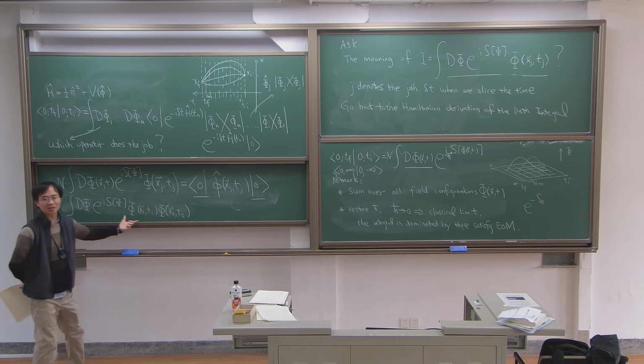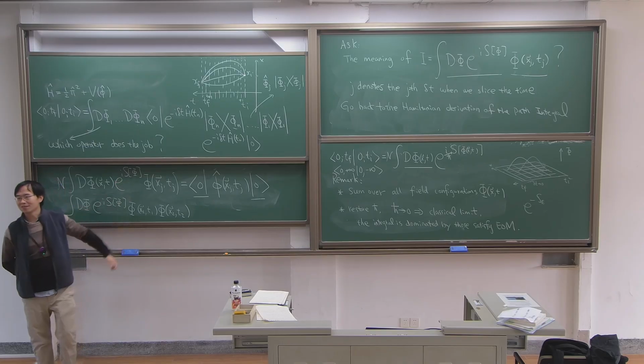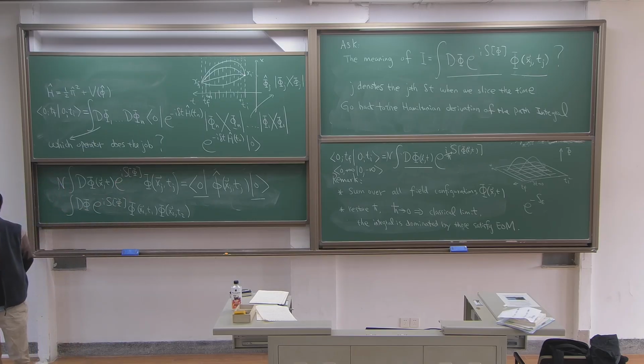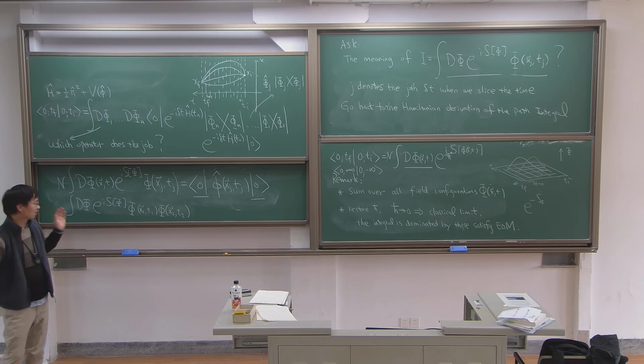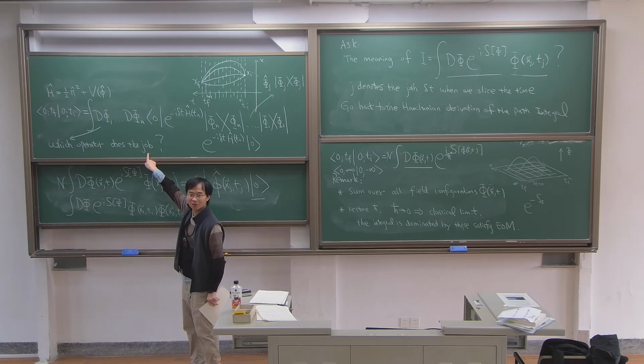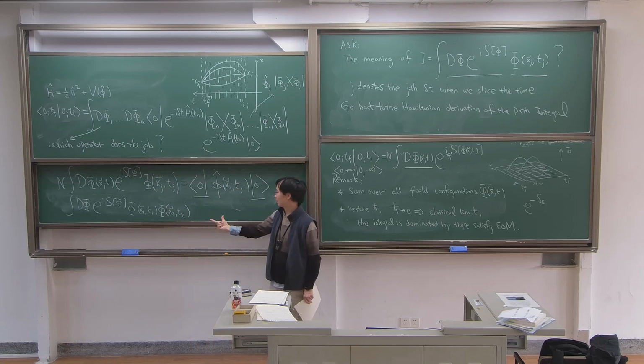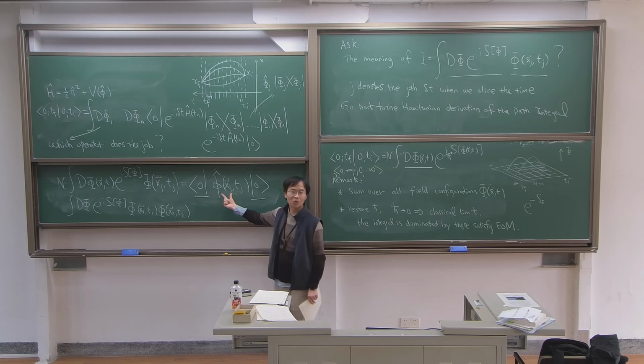Whenever you're getting confused here, you go back to the canonical picture. You ask which operator does the job in the canonical framework. Not surprisingly, you realize that you have to insert two operators, two phi hats.